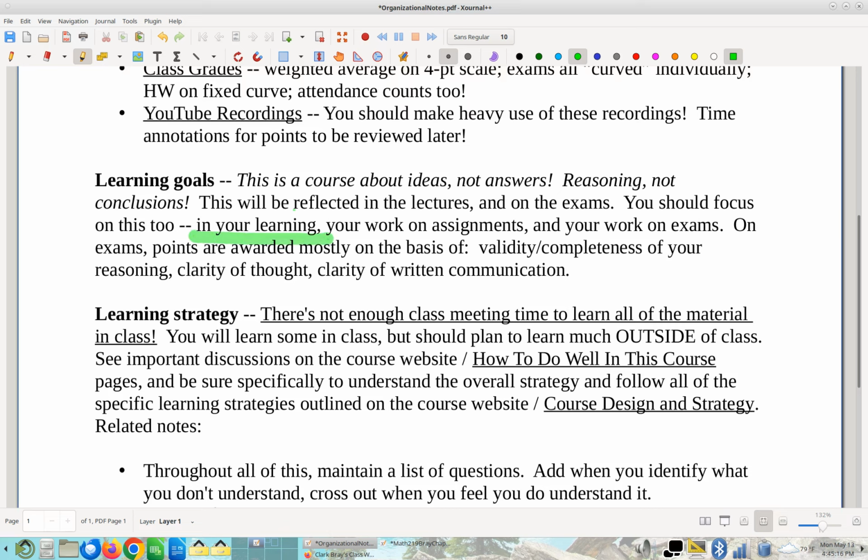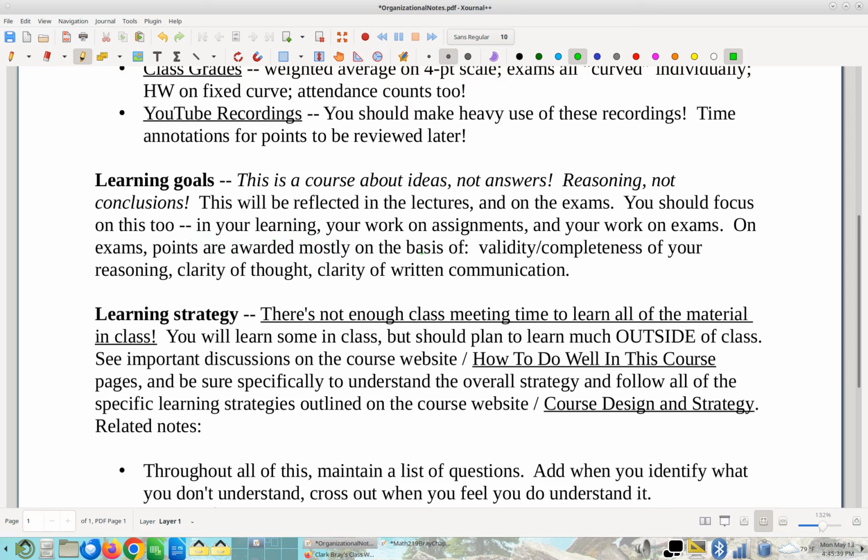As you're learning the material, you should be thinking about the ideas. Don't think only about remembering the formula. Don't just go straight to the algorithm and say, okay, here's how you do these, and just rehearse processes. Make sure that you are learning the ideas.